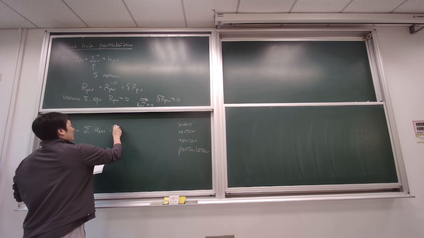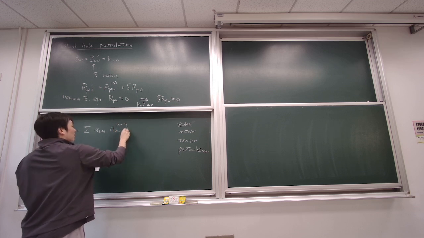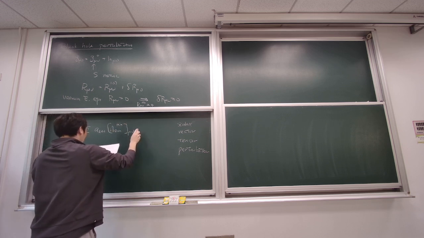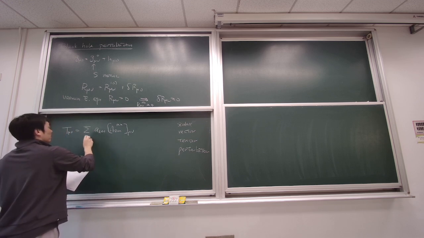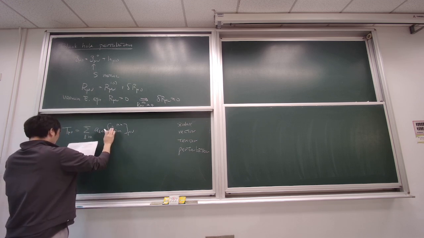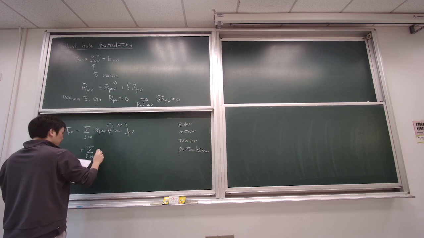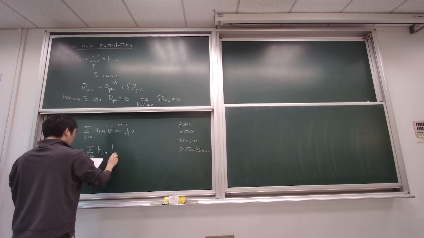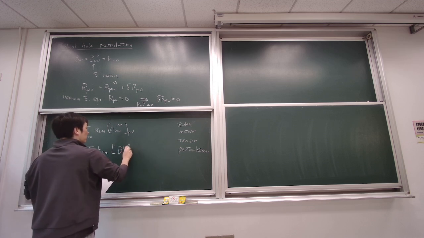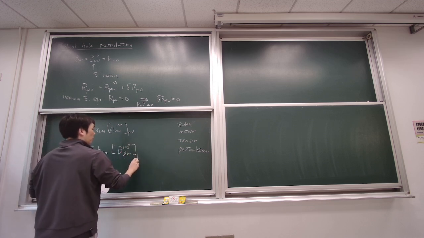So h mu nu is a sum over L and M of A LM times the axial mu nu, plus the sum over L and M of B LM times the polar mu nu.